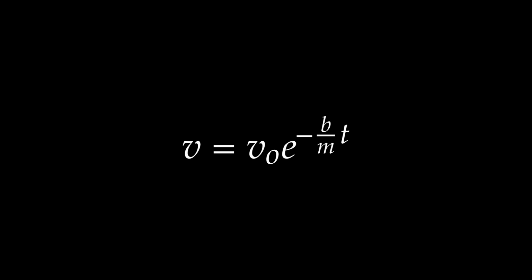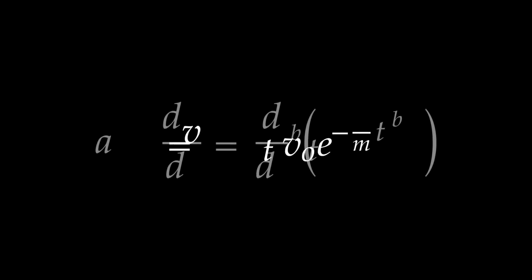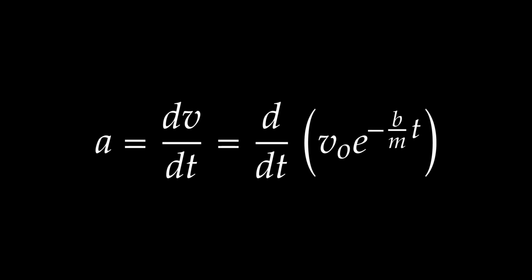So what I'll do is appreciate the fact that the acceleration is equal to the derivative of the velocity with respect to time. This, by definition, indicates to me that I can obtain the acceleration simply by taking the derivative of this velocity function with respect to time, which is going to be very easy to do from a calculus point of view, but some of us are still getting our calculus sea legs, so I'll go a little bit carefully with this.